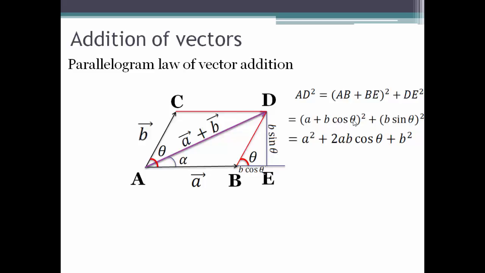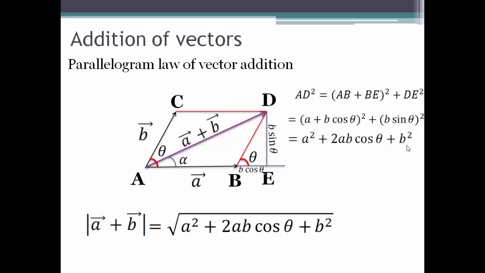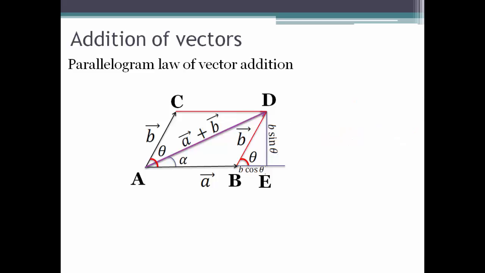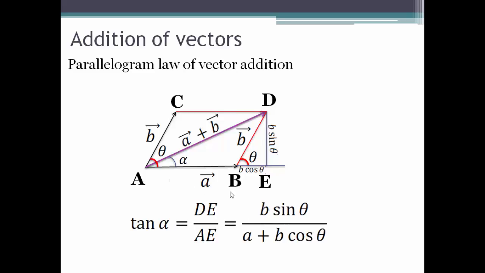Here B square cos square theta plus B square sin square theta will give you nothing but B square. Hence, the magnitude of A plus B will be square root of A square plus 2AB cos theta plus B square. And the angle subtended by the resultant vector is alpha. So in the right angle triangle ADE, tan alpha will be DE upon AE, that will be B sin theta upon A plus B cos theta.